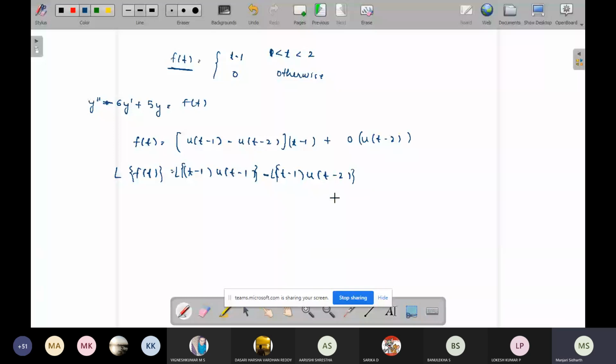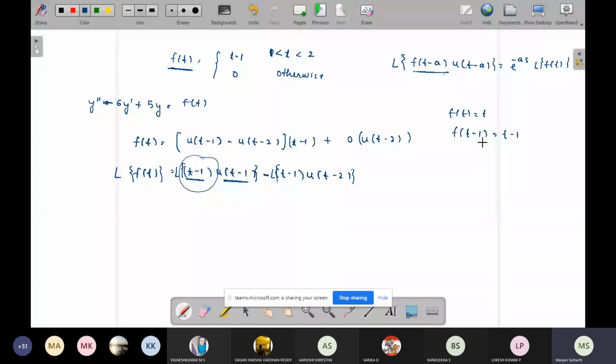Now remember the second shifting property: the Laplace transform of f of t minus a times u of t minus a is equal to e power minus as times the Laplace transform of f of t. See, if it is t minus 1, that means it is the function of t minus a, u of t minus a, that means the corresponding function f of t is t only.